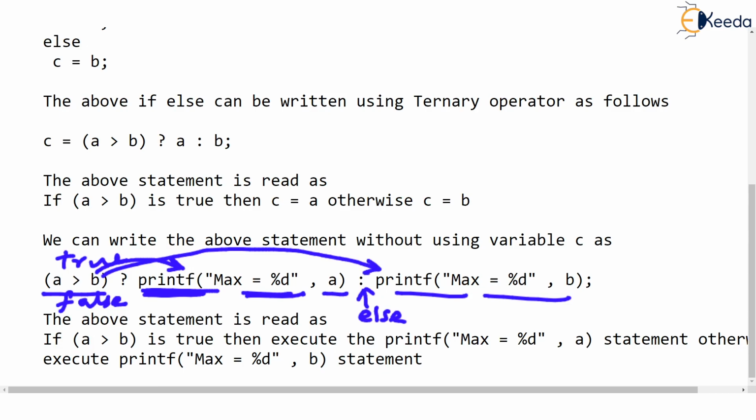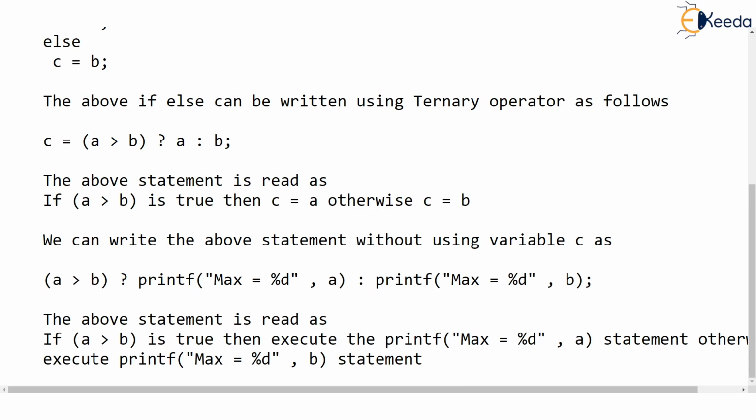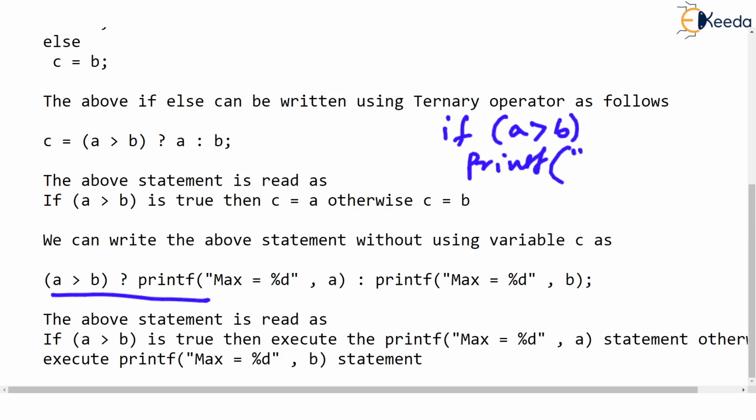So can we write the equivalent if else now? Let's do the opposite of what we did before. What is the equivalent if else statement for this question mark? It will be: if A greater than B, if it is true, then printf max equal to %d, A is largest, semicolon.